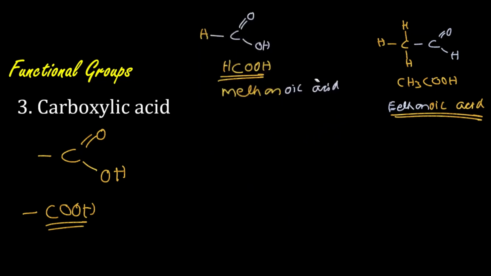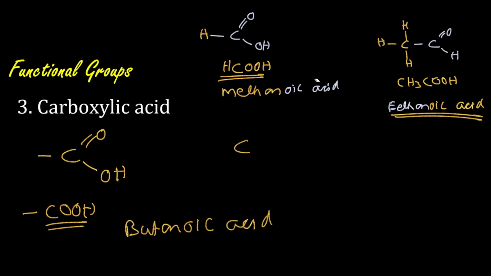Can do one more. Let's say I have to make it with four carbon atoms. I'm going to make butanoic acid. So it's butane, then E removed, oic is added and acid is added.